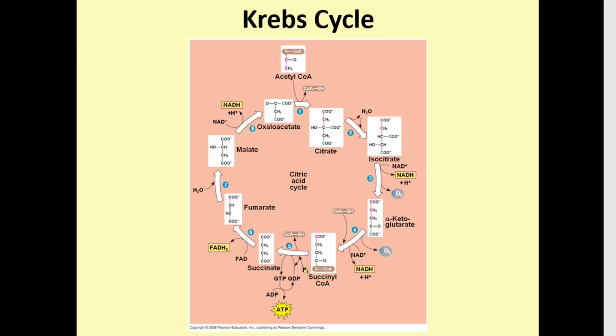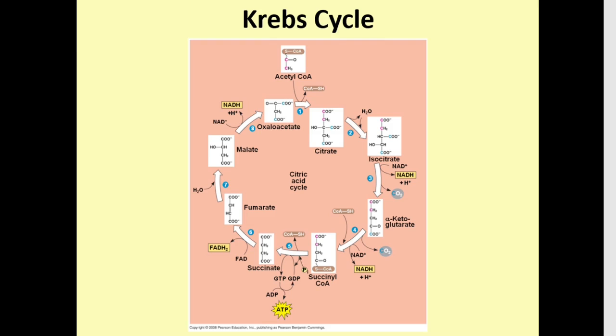So that's essentially the Krebs cycle. It completes the breakdown of what was originally our glucose molecule. We have now given off CO2. So remember, this is where the CO2 that we actually exhale comes from. That's where the carbon skeletons have come from our food. We've given that off.